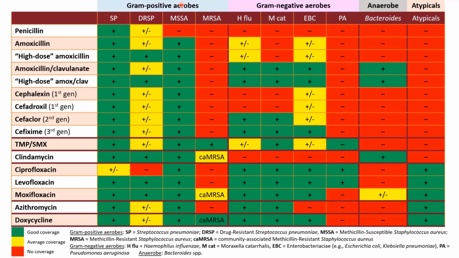Now for rhinosinusitis, we should also keep in mind that Haemophilus influenzae and Moraxella catarrhalis can also cause these. And if you suspect these, then amoxicillin-clavulanate will be the best option, because these two organisms are likely to produce beta-lactamases.